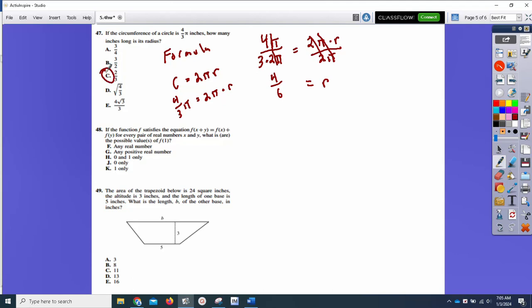48 is kind of interesting. It says, if the function f satisfies the equation f of x plus y is f of x plus f of y for every pair of real numbers x and y, then what are the possible values of f of 1? Well, if you plug a real number in, you're going to get a real number back.